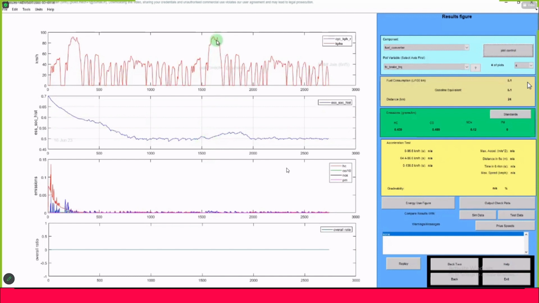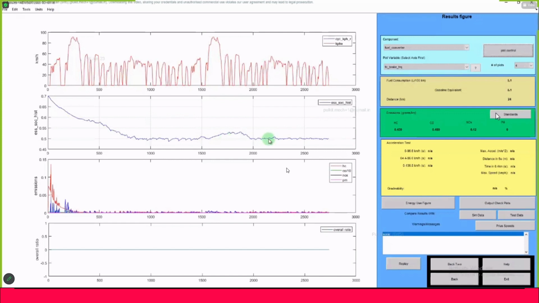Whenever the deceleration has started, you can see some rise in the state of charge, and then it is again maintained at 50%. The control strategy of driving the vehicle is such that it will not go beyond 50% state of charge.